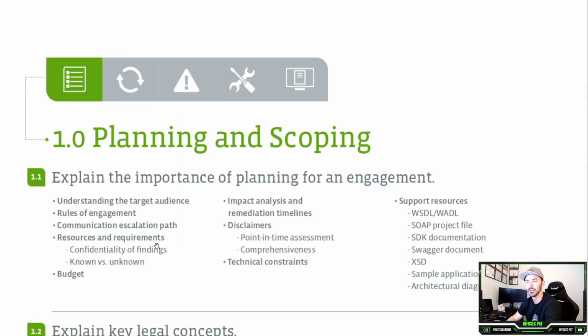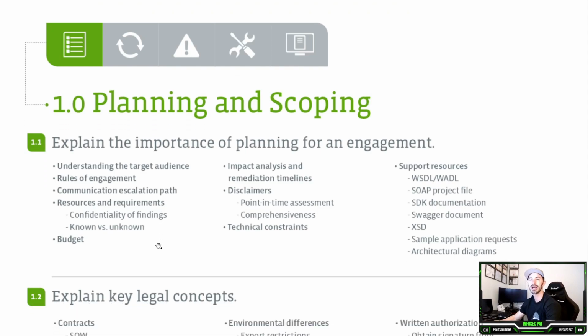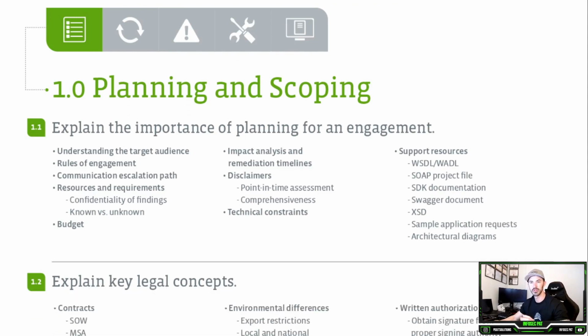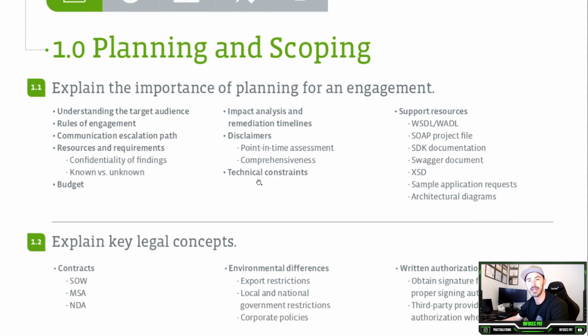Let's see if we can use the up arrow. So planning and scoping: I don't want to read through all of these because it'll be a long video, but it's pretty much explaining the importance of the planning engagement, right? So understanding the target audience, rules of engagement, which are super critical, communication, budget, technical constraints, and then support resources like SOAP, SDK, and Swagger documents.